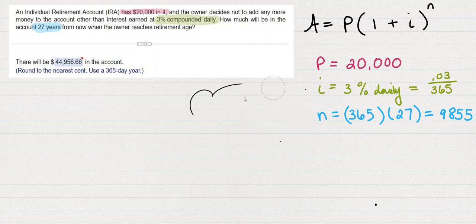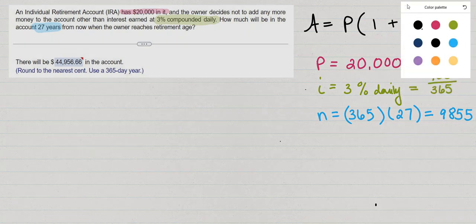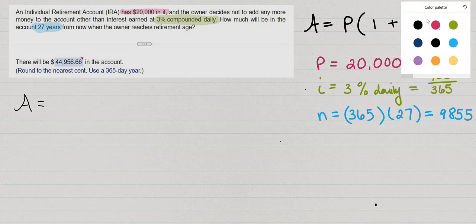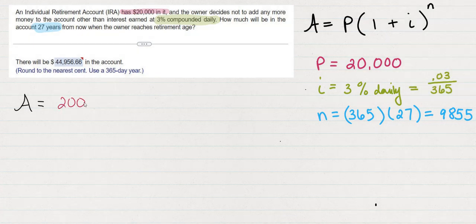Well, the next step here is to fill in each of these amounts of our formula. So in place of P, I'm going to write the 20,000, and be careful that it's 20,000, not 2,000.